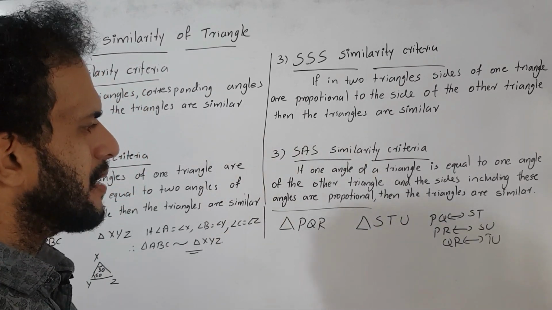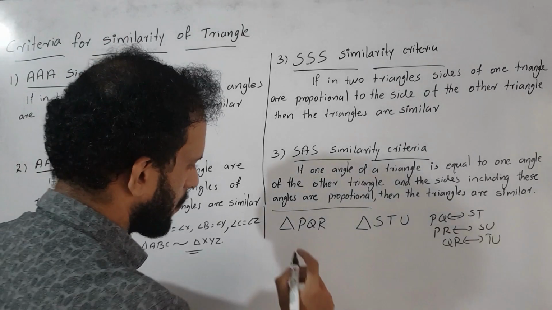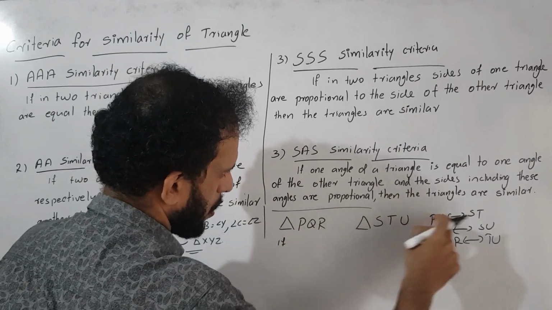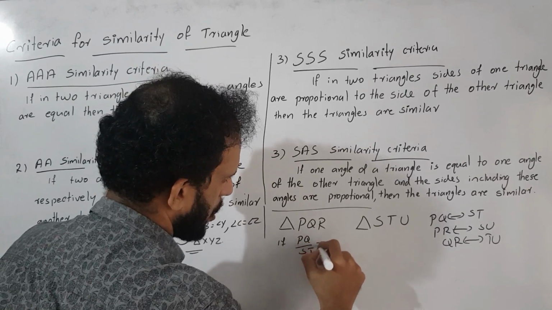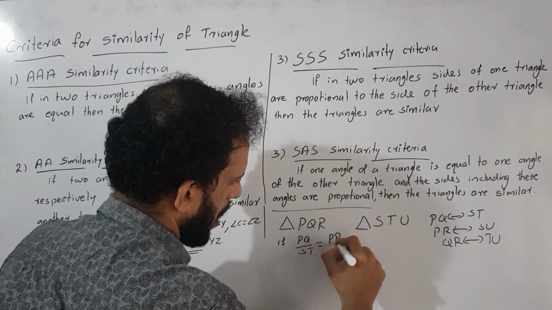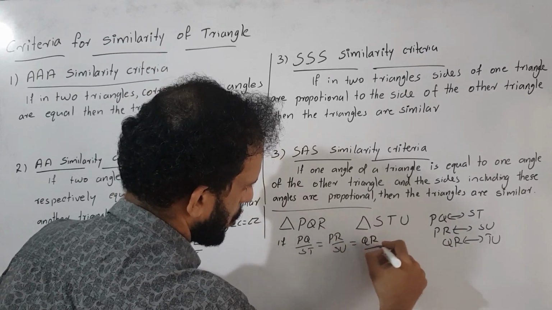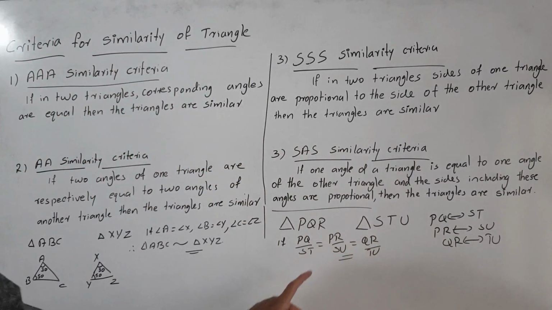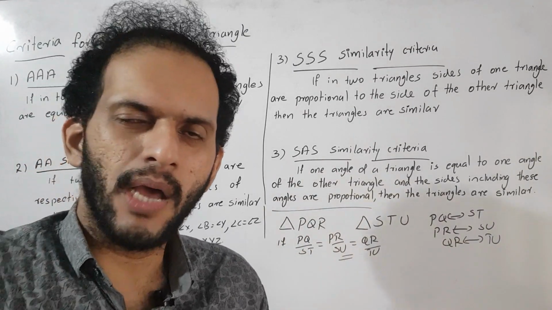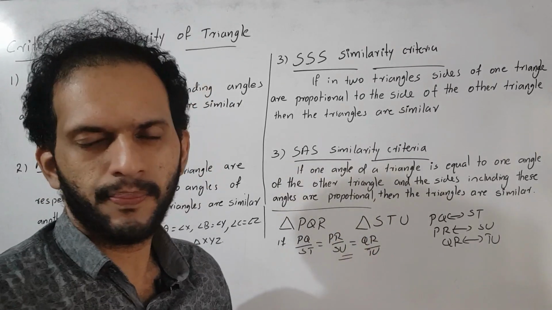The rule says that if the corresponding sides are proportional, that means if PQ by ST is equal to PR by SU is equal to QR by TU, that is, the ratios of the corresponding sides are equal, then they are proportional, so we conclude the triangles are similar.